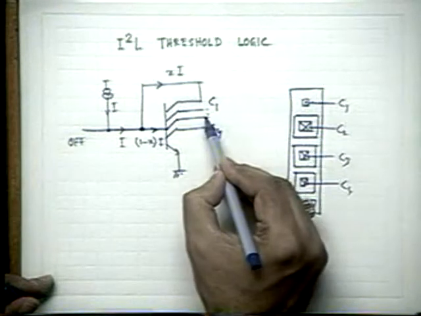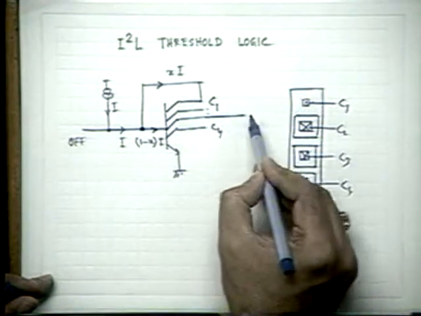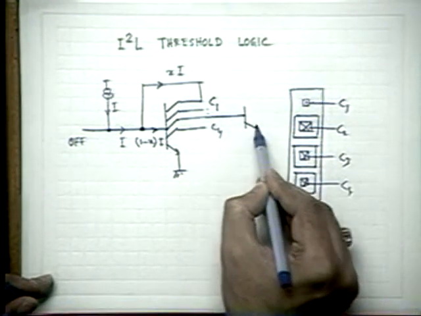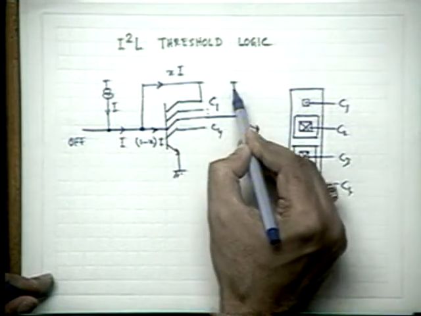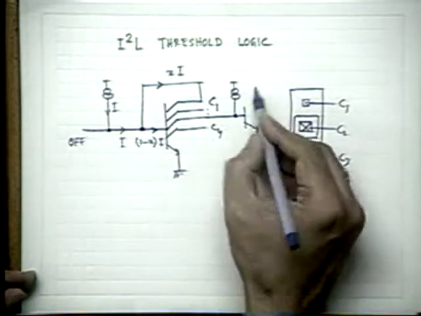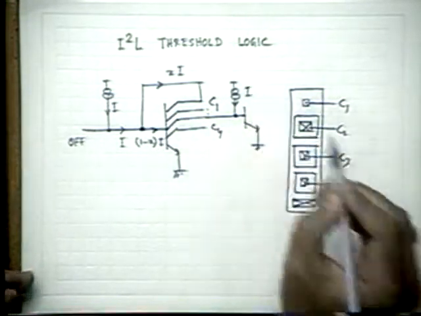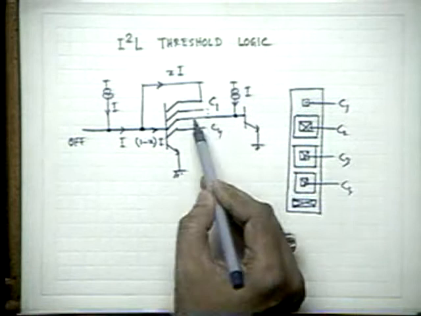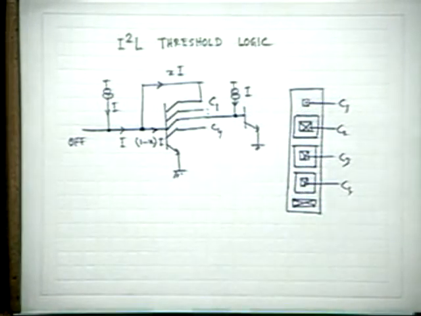Suppose now this path goes to another I2L transistor, supplying the same injector current I. Each of the collectors has different choices.